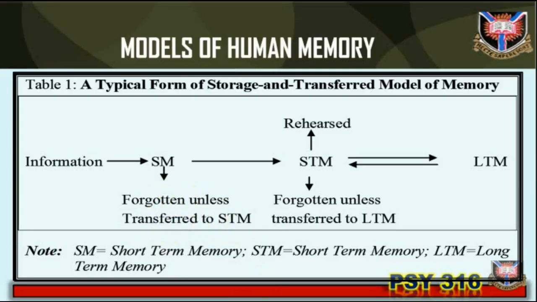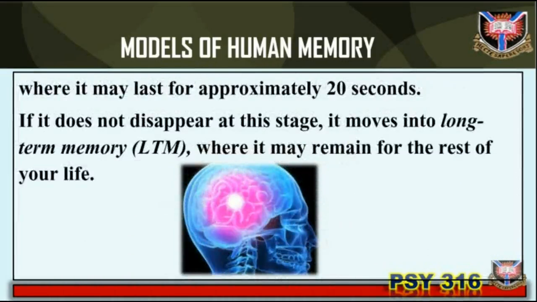If it is not forgotten, it enters long-term memory, where it is organized and stored. When information is recalled, it is retrieved from long-term memory and moved back to short-term memory. It is noteworthy that the capacity of short-term memory is limited, but the capacity of long-term memory is virtually limitless.